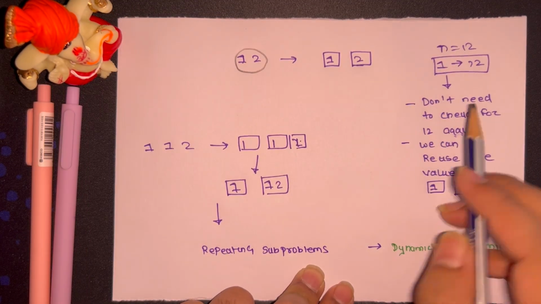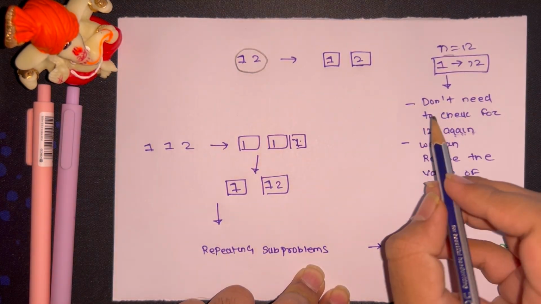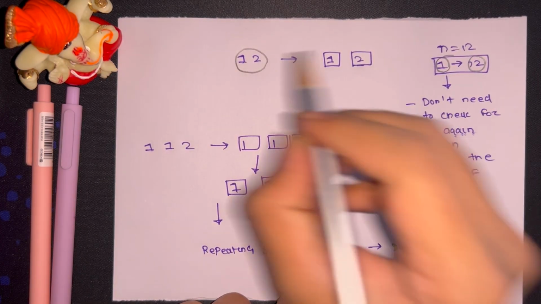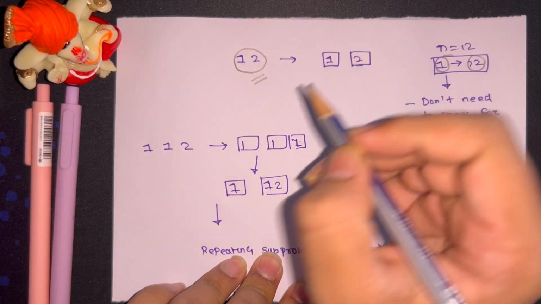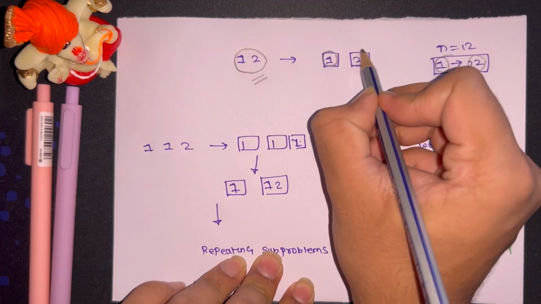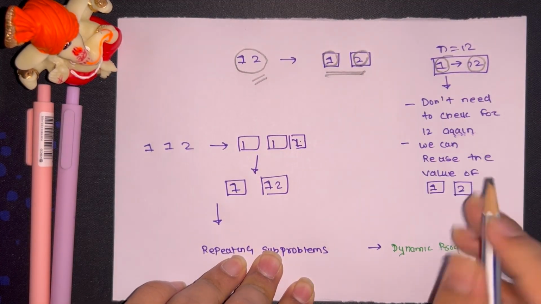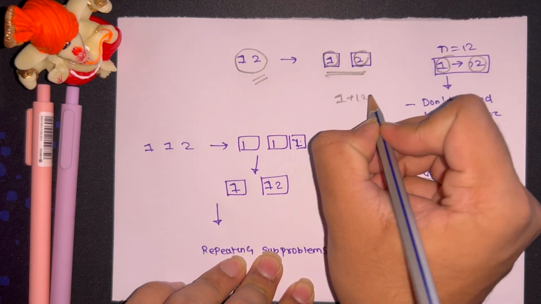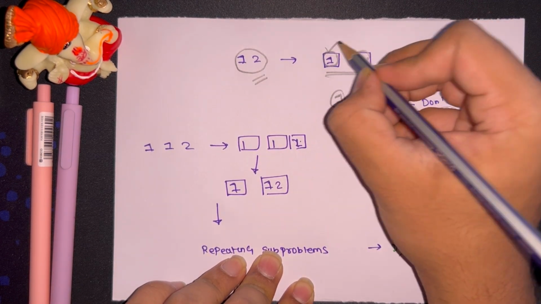Consider you have been given n equal to 12, and you have to check all the good numbers from 1 to 12. When you are making the decision for 12, in the previous solution we are breaking it into 1 and 2 and checking if the digits are valid. But when you have iterated from 1 to 12, you have already calculated 1 and 2.